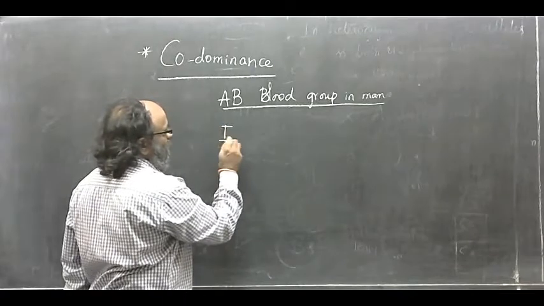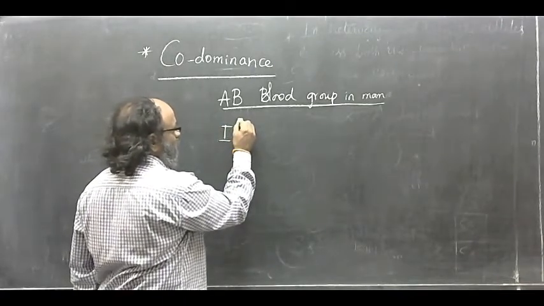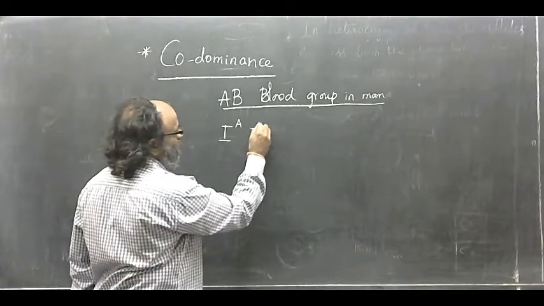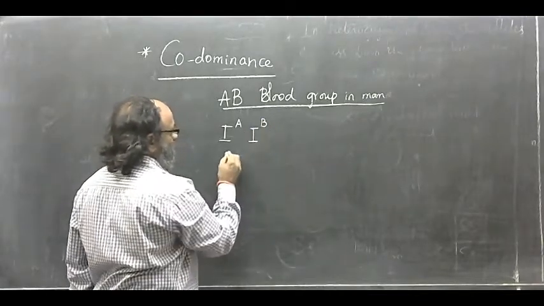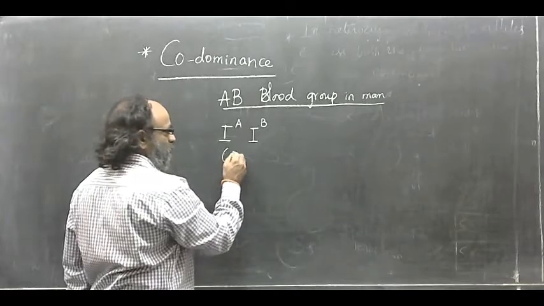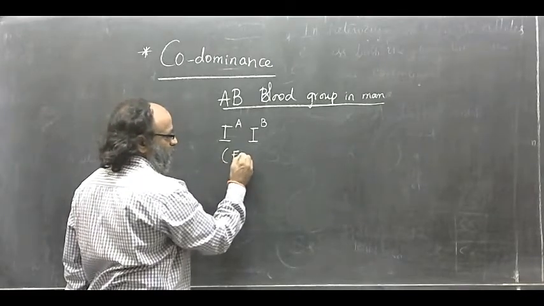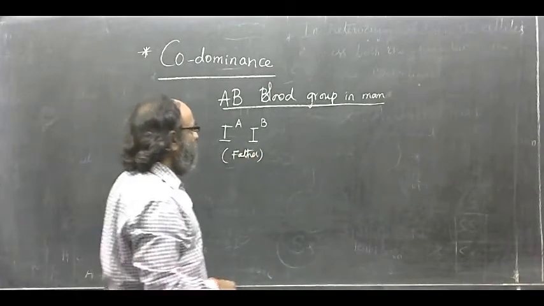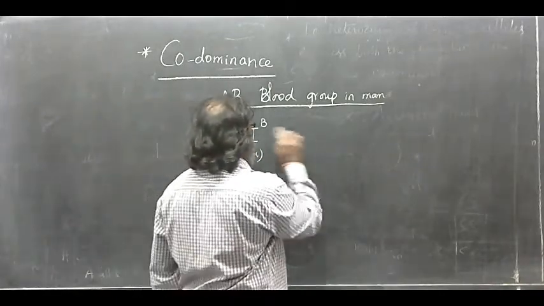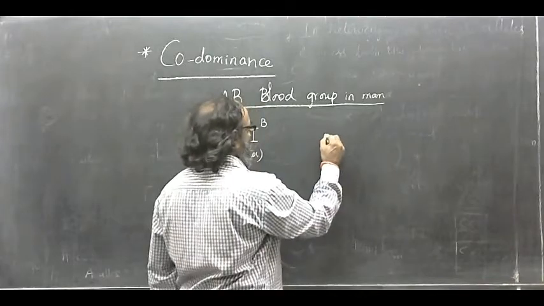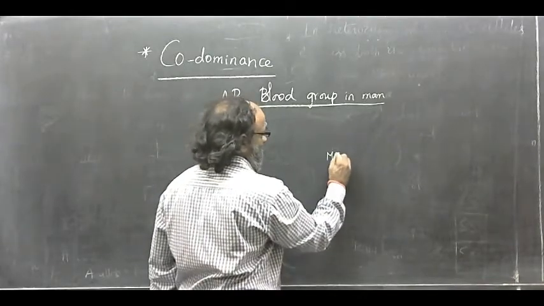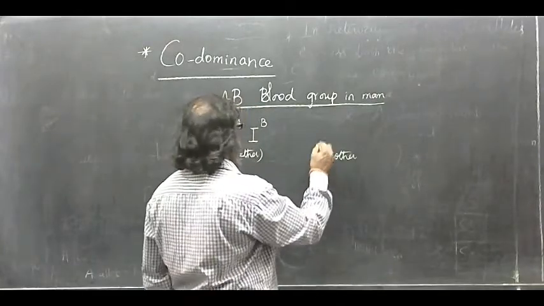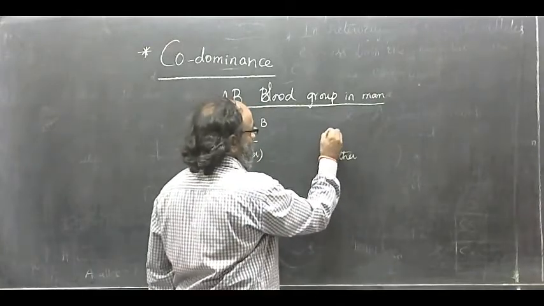A person with blood group AB, say for example, the father with AB blood group, happens to marry the mother with AB blood group.